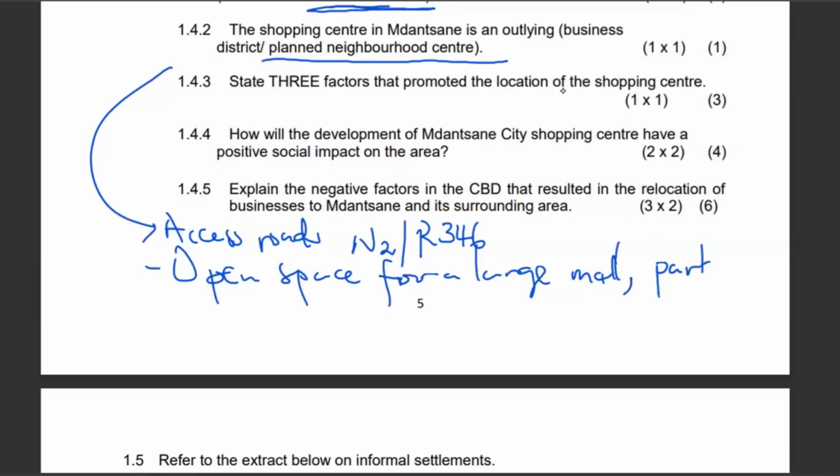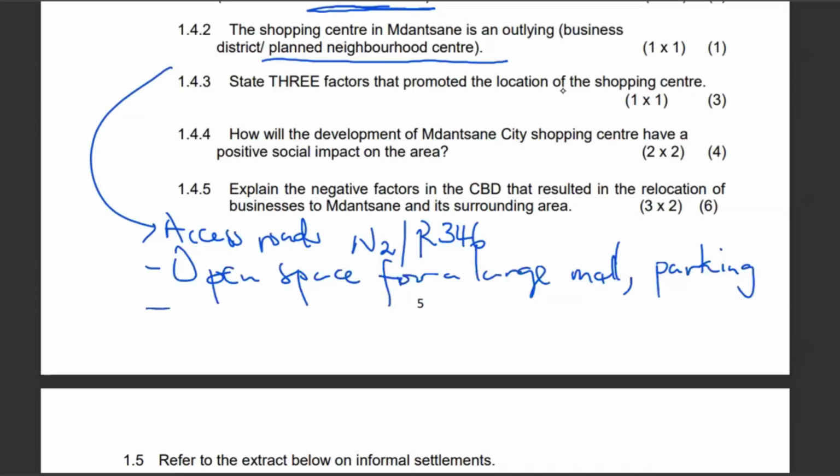Remember, in the CBD, one of the major push factors is limited parking space. Because of congestion, there is limited space for parking as customers go to do their business. But in the outlying business district or in these planned neighborhood centers, because there is space, there is also parking space for the customers as they do their business. And also there's space for expansion. If there's need to expand the businesses, there is open space.